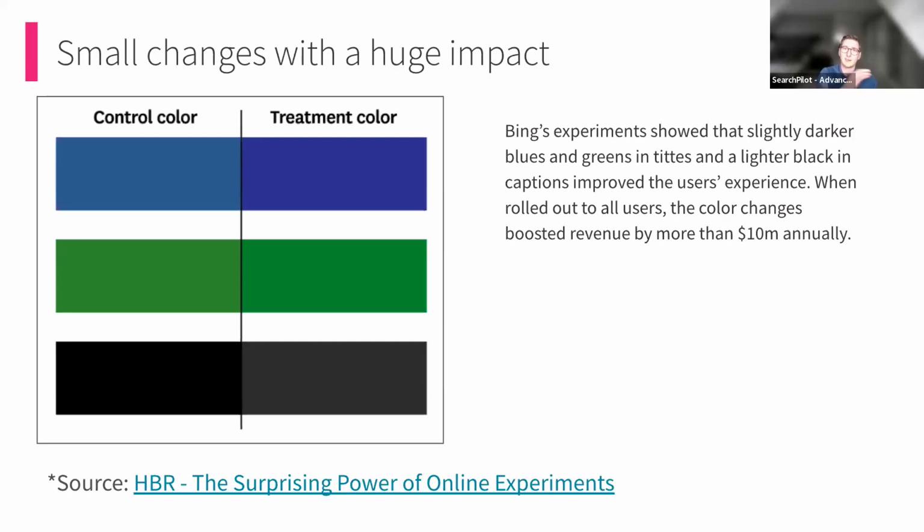Slightly darker blues and greens in titles and lighter black in captions improved the user experience. And when they rolled that out across all users, they found that it boosted their revenue by $10 million annually, which, although that sounds like a big number, for a company the size of Bing is probably a rounding error. But it just shows you that really small changes can result in big impacts.